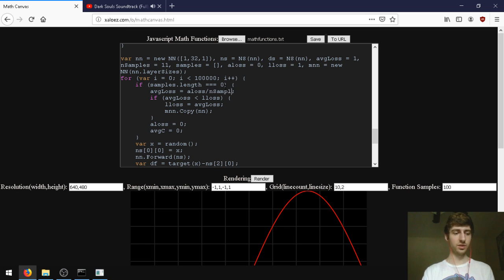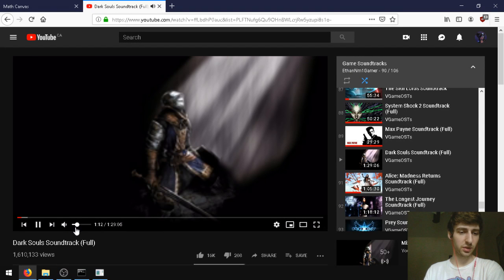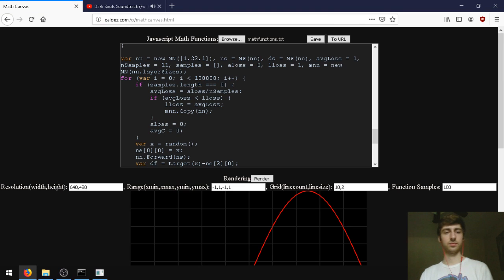Divide by the number of samples to get the average loss. Copy that neural network if it's the minimum loss. Then we create our new samples.